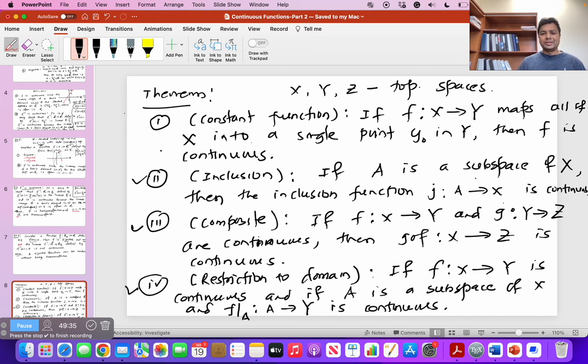The inclusion map is also continuous, and constant functions are also continuous. So these are the different ways of constructing continuous functions. Like I said earlier, I'm not going to give a proof of this theorem. If you are interested in the proof, you can take a look in Munkres' book.